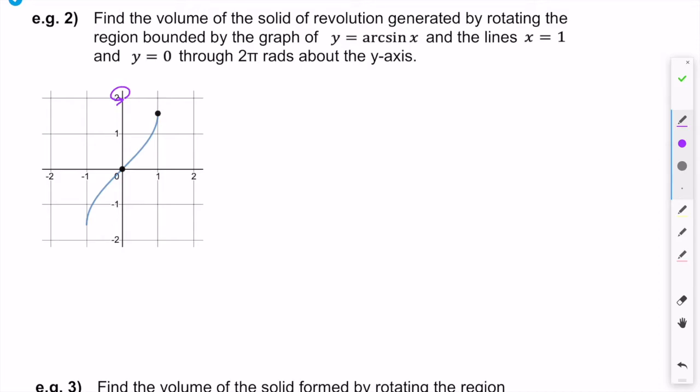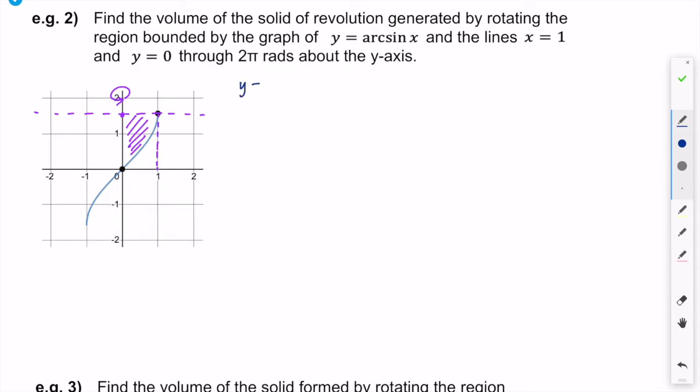When y is equal to 0, I got my first boundary, but then I'm given the line x equals 1. But theoretically speaking, I should be looking for the corresponding y value. Okay, so we're taking this plane here and rotating it about the y-axis. So there are a few things that we have to do before we apply the volume formula.